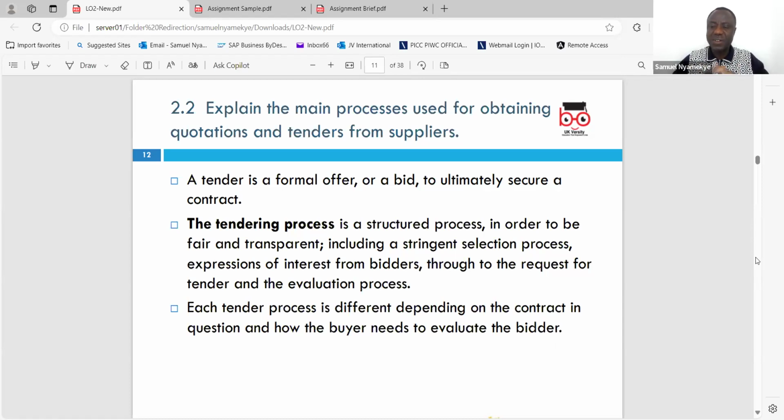So they will say that we want to request for tender or request for quotations. So people are going to bring their quotations, and those are the ones that will be examined, and those who are successful will be awarded.